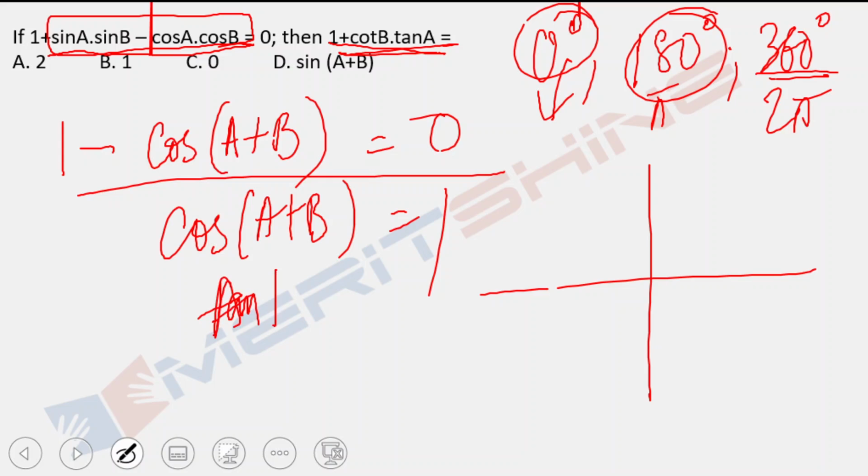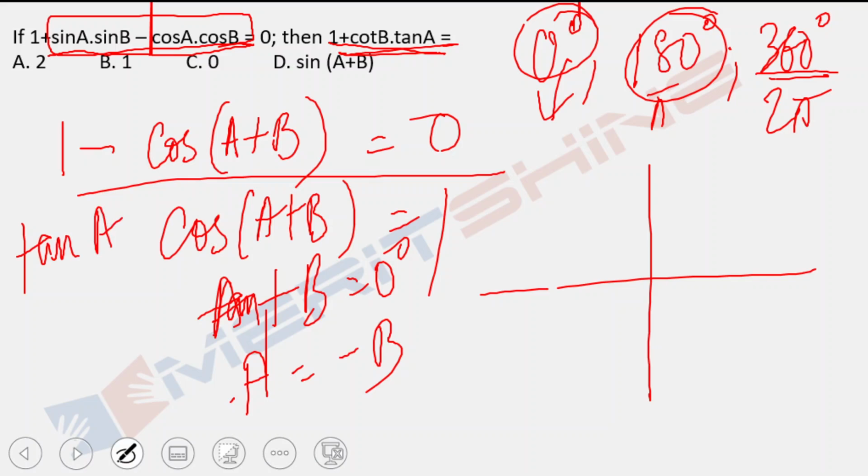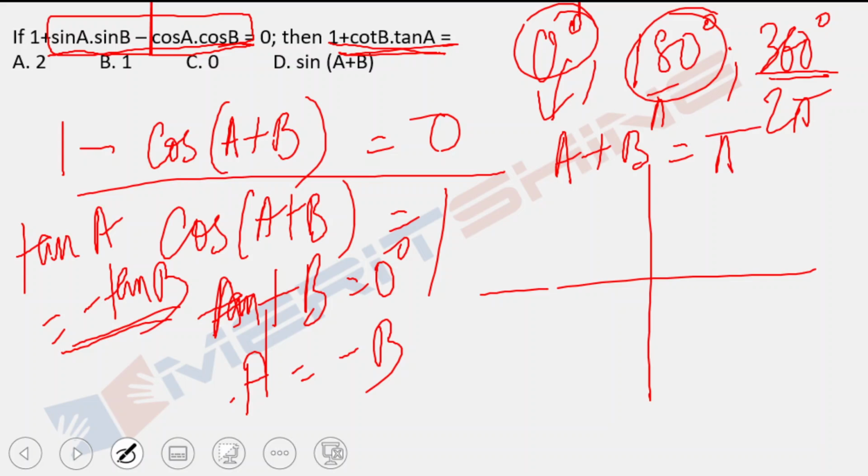If A plus B is equal to 0 degree, then A is equal to minus B, right? Then tan A would be equal to minus tan B. Yes or no, my friends? Because A is equal to minus B, so tan A is equal to tan of minus B, and tan minus B is equal to minus tan B. But what if A plus B is equal to pi?